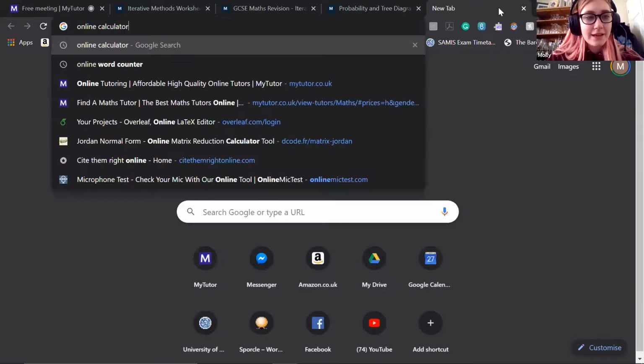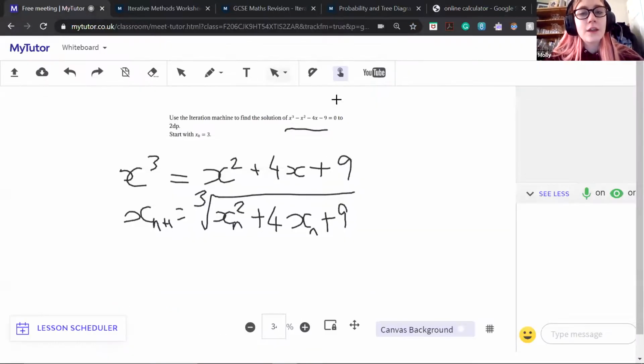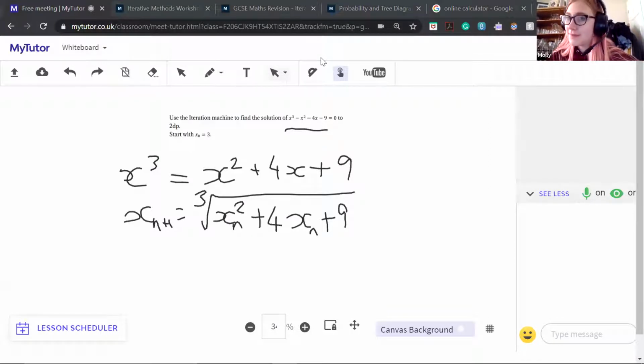Let me show you what I mean, because at the moment it probably seems like I'm speaking a load of rubbish. If you've got your calculators with you, if not, maybe quickly grab them, because this is a really good thing to learn how to do on your calculator. We're going to put this in a really cool way where we can just hit equals loads of times and get the answer.